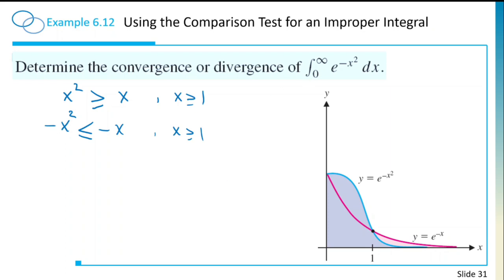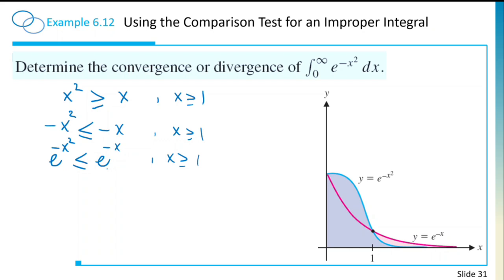Now I need to introduce the exponential function. I'll take the exponential function for both of them. Remember that the exponential function is an increasing function, so it will not change the inequality. So I'll take the exponential for both sides. So this is e to the power of negative x squared still less than or equal to e to the power of negative x, same for x greater than or equal to 1. Now this is what we have.